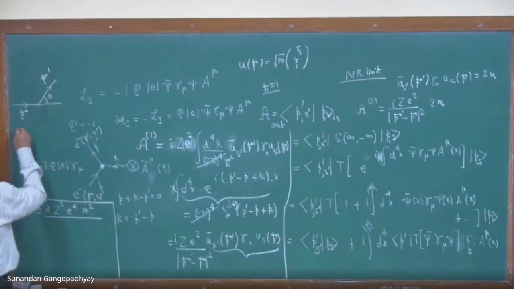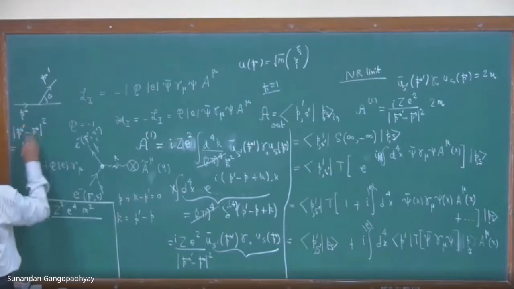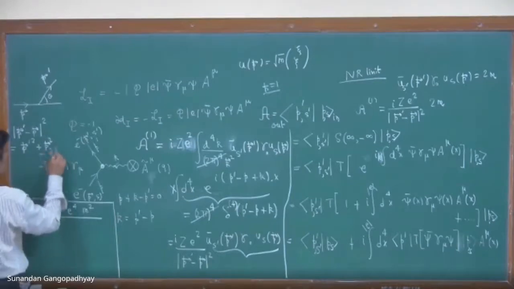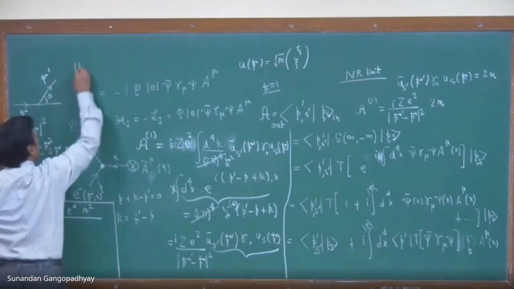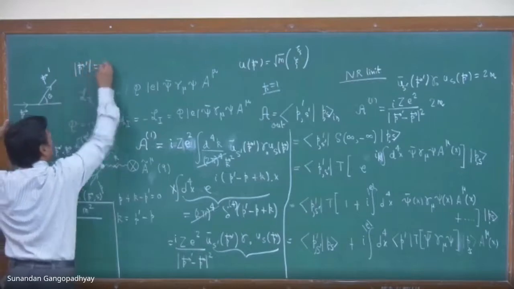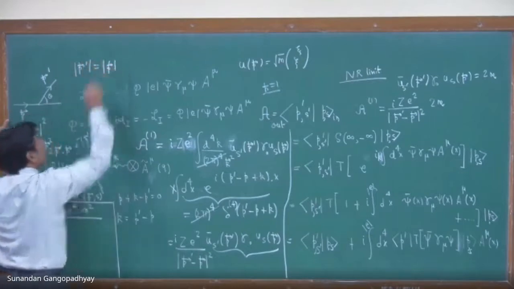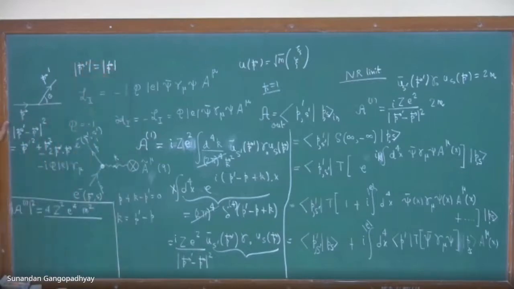So for elastic scattering, you can write |t minus t prime| mod square as t prime square plus t square minus twice of t prime dot t, right? For elastic scattering, the magnitude of t prime is basically equal to the magnitude of p.